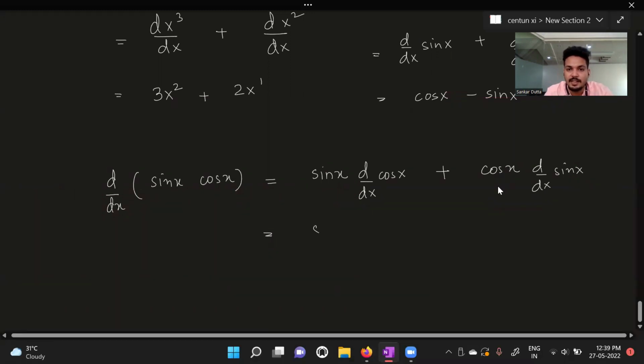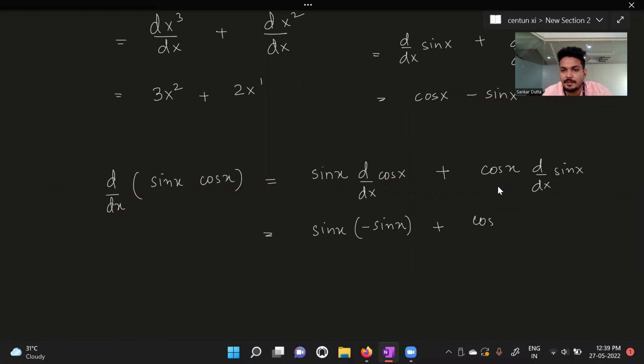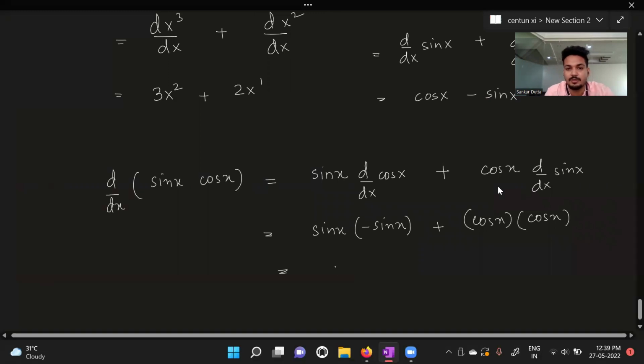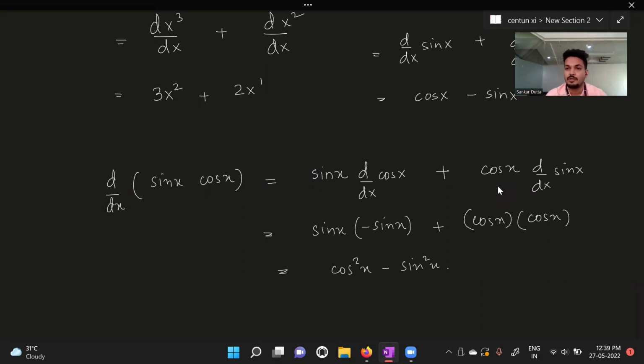So sin x, differentiation of cos x is minus sin x, and then cos x as it is multiplied by differentiation of sin x is cos x. So this will simplify to cos squared x minus sin squared x. So differentiation of sin x multiplied by cos x with respect to x is cos squared x minus sin squared x.